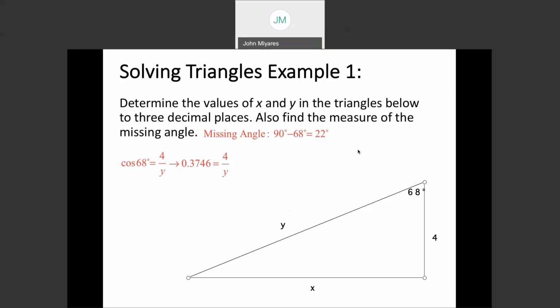Then we'll set that decimal equal to 4 over y, our adjacent over the hypotenuse. From there, we'll cross multiply to get 0.3746y equals 4, which then if we divide it out, we'll get y equals 4 divided by 0.3746, which becomes 10.678.